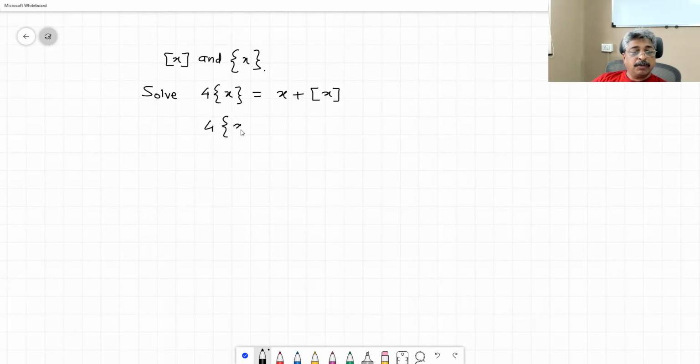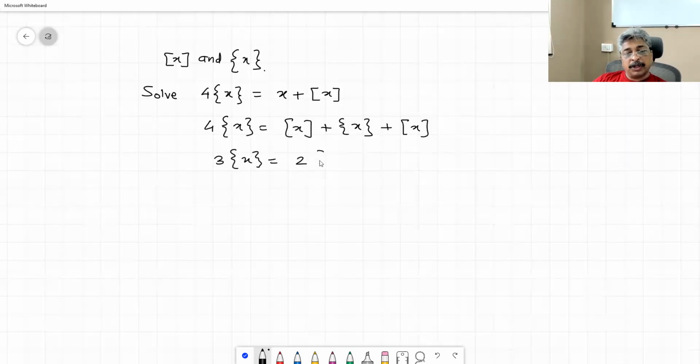4 times the fractional part of x is the greatest integer x plus the fractional part of x, plus greatest integer x. That makes it 3 times the fractional part of x equal to 2 times the greatest integer x.